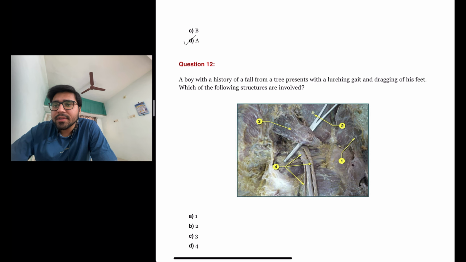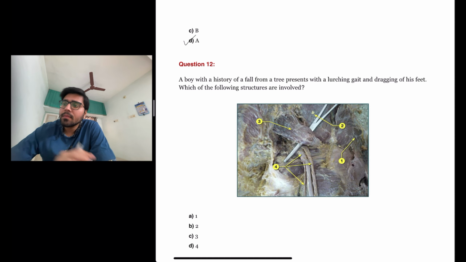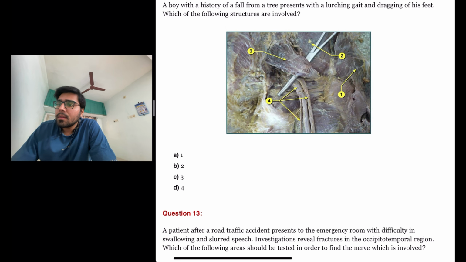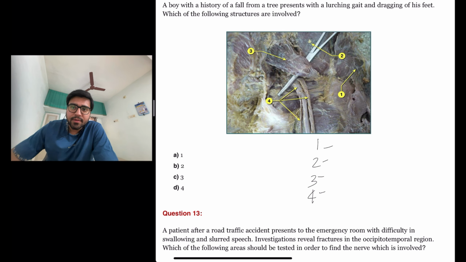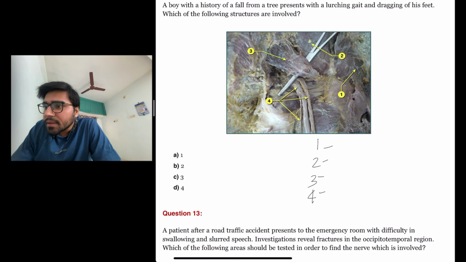The next question is: a boy with a history of a fall from a tree presents with a lurching gait and dragging of his feet. Which of the following structures are involved? So 1, 2, 3, and 4 are the structures. The number 1 is gluteus maximus.